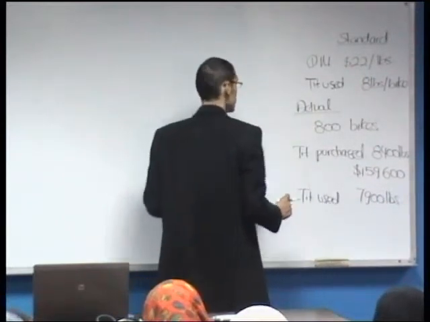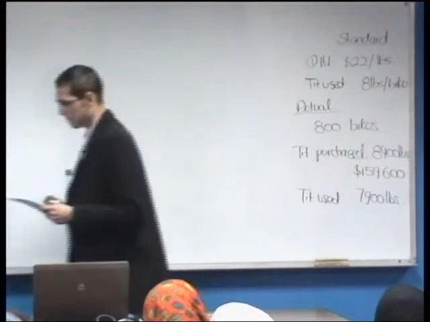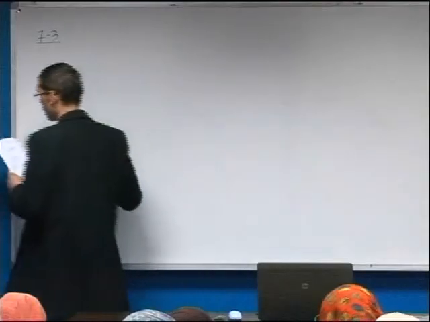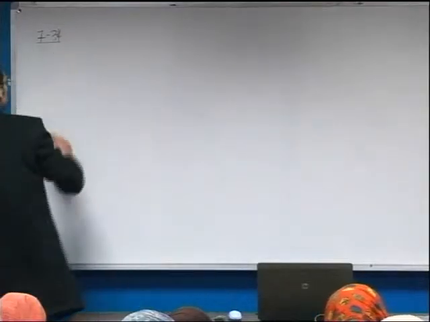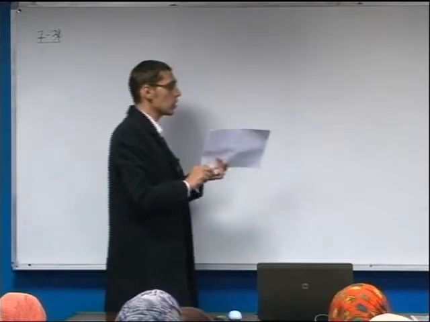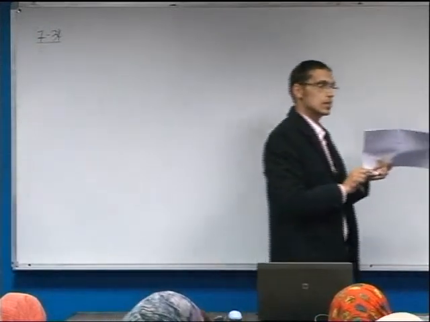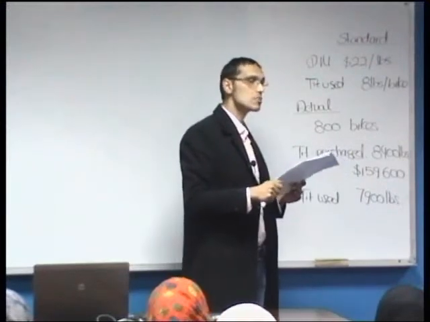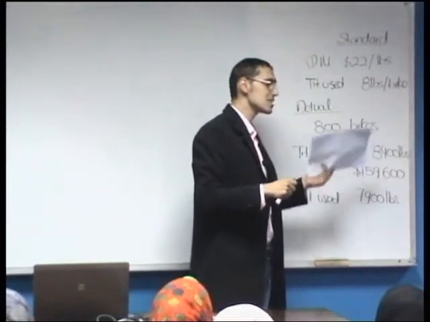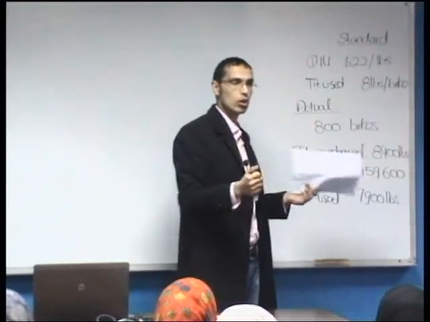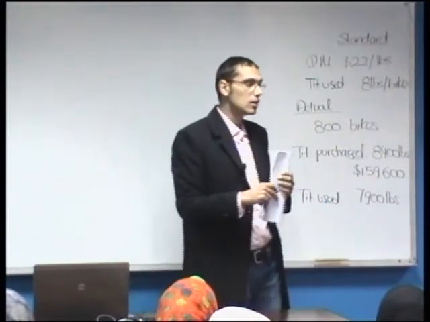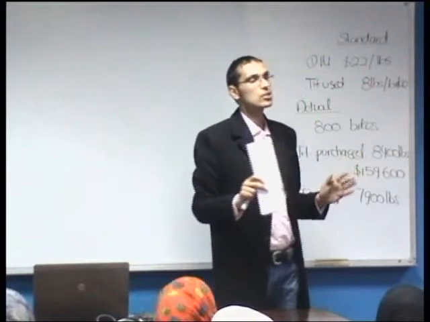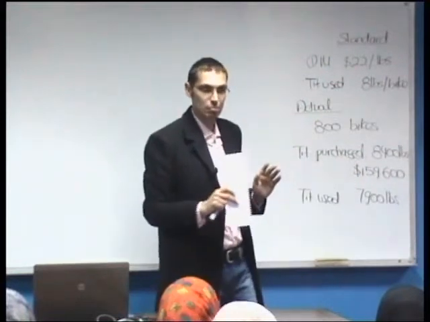Required 1. Compute the direct material price and efficiency variances. Therefore, as we can see here from our question, we purchased 8,400 pounds, but we only used 7,900. Therefore, we do not have the same assumption as the web company example.